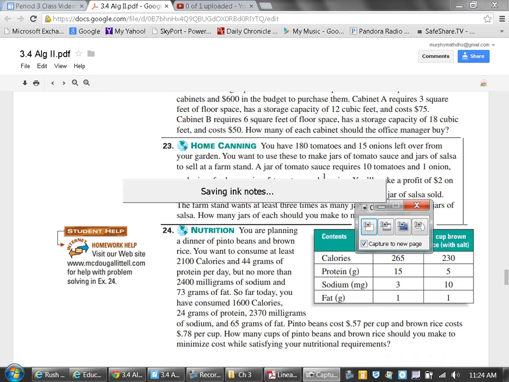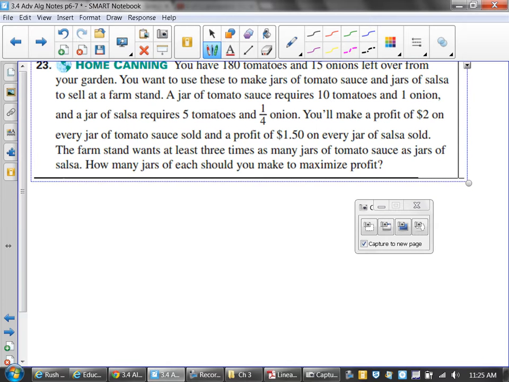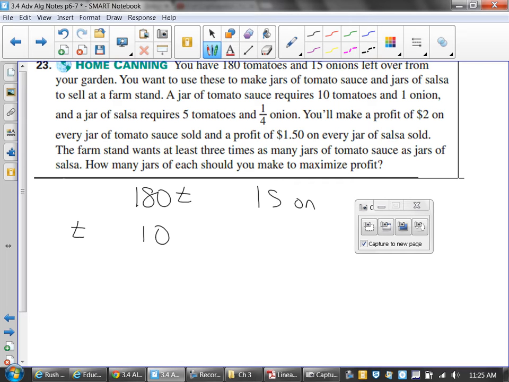Home canning. So you're canning tomatoes and onions. You have a total of 180 tomatoes and 15 onions. Your tomato sauce, we use little t, uses 10 tomatoes and 1 onion.